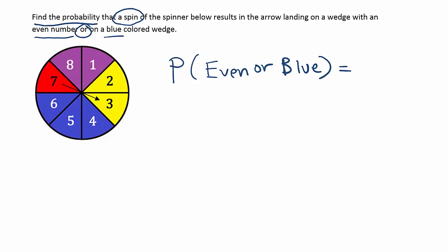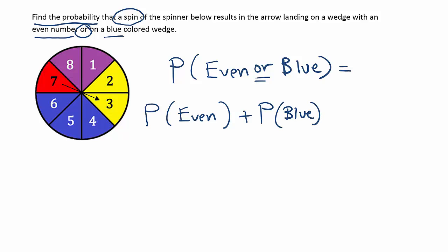Okay, so the formula, when you know it's addition rule of probability, breaks down to this. The probability that the number is even, plus, wherever the word or is, we'll put plus the probability that we end up with a blue wedge, minus the probability that we end up with both of these things at the same time. So what would that look like?